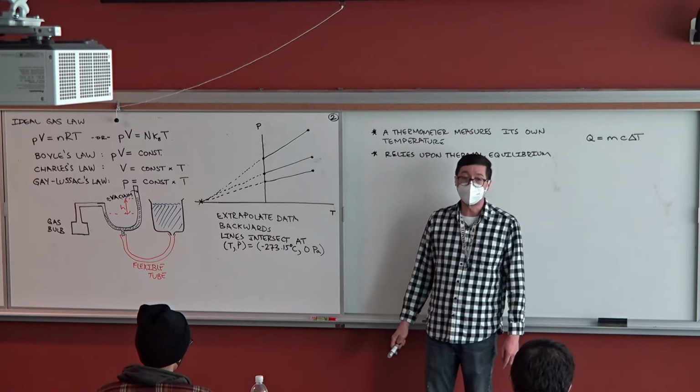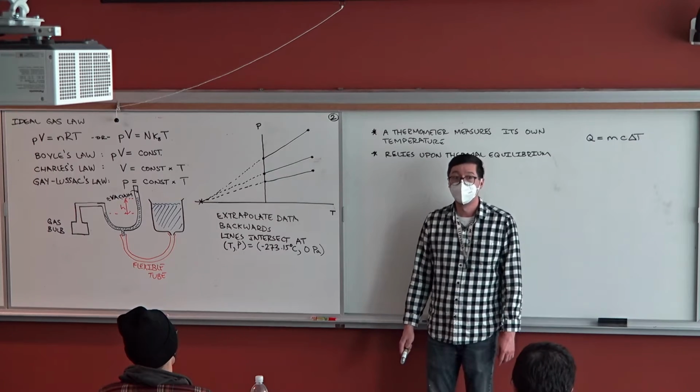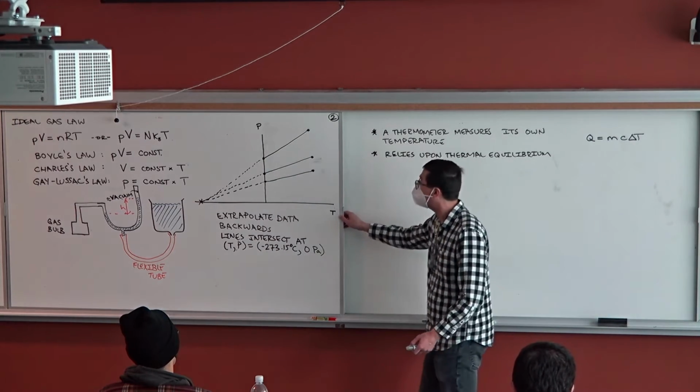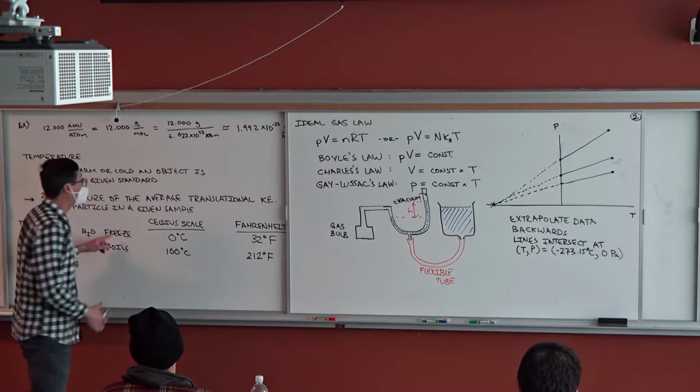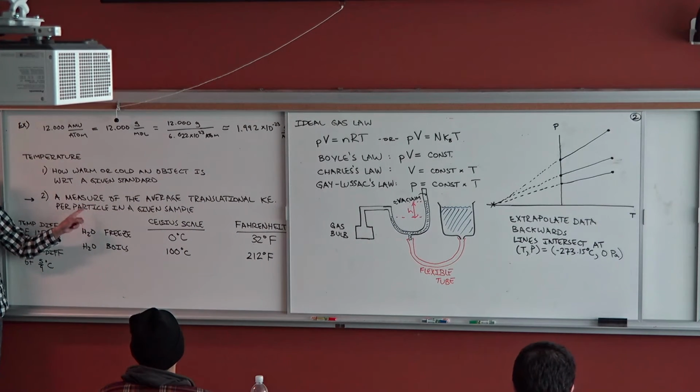And at this point, the average translational kinetic energy per particle of that sample would be 0 if we could get to absolute zero. Does that make sense? We can get very, very close.